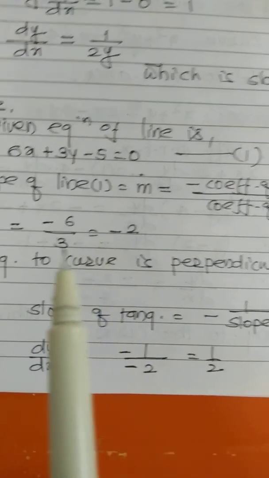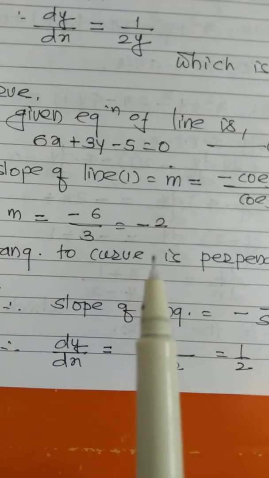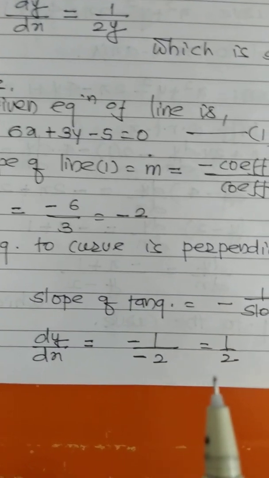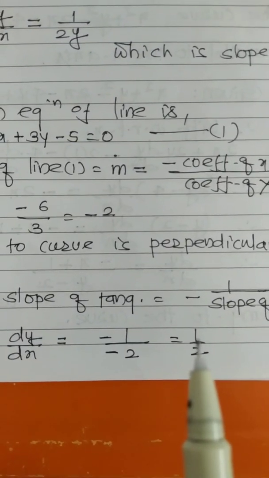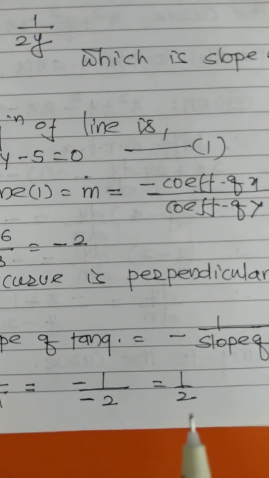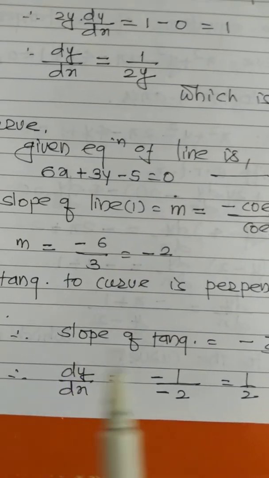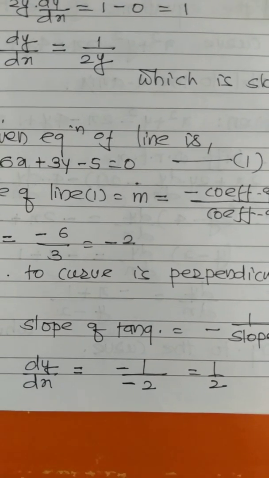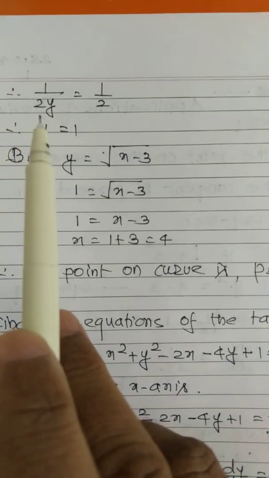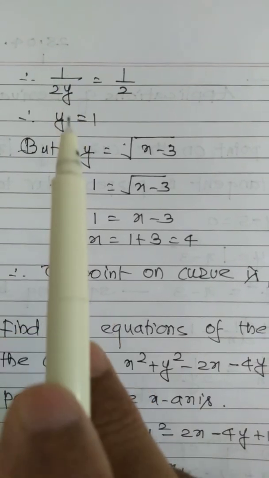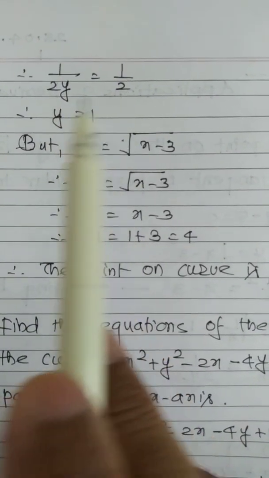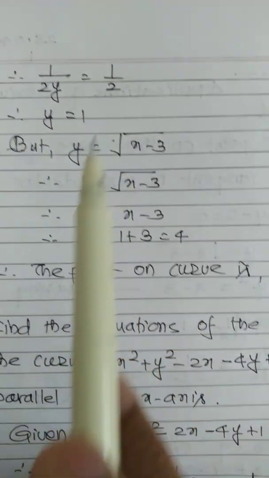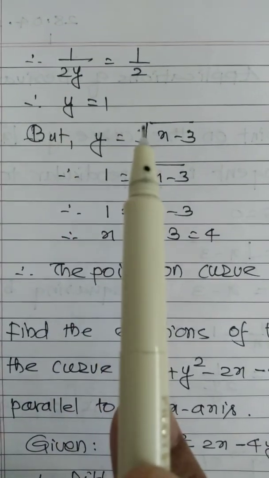Minus minus becomes plus, so the value equals 1 by 2. Finally, the slope of the tangent is 1 by 2. Therefore, 1 upon 2y equals 1 by 2. The 1 by 2 and 1 by 2 get cancelled, so y equals 1.